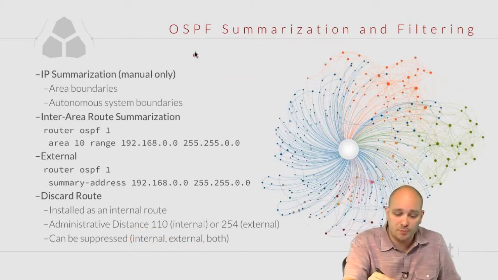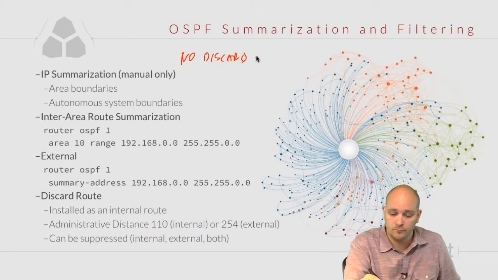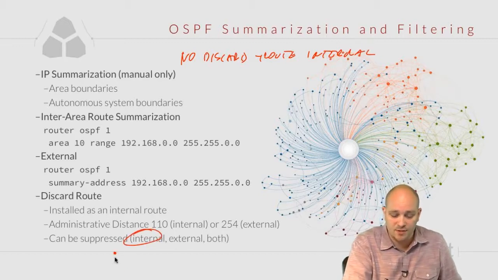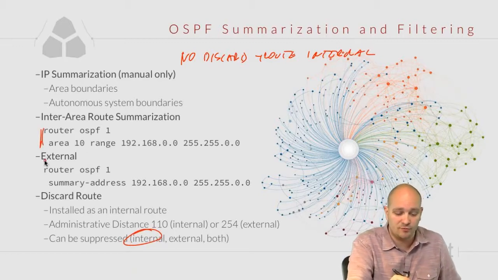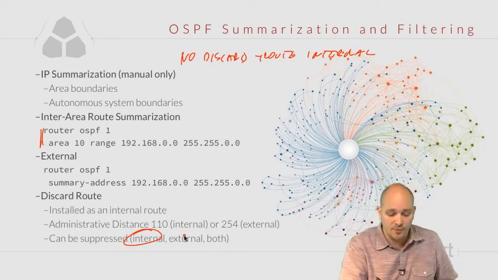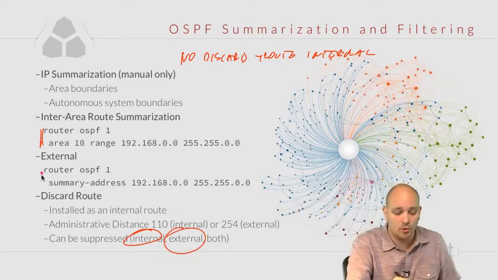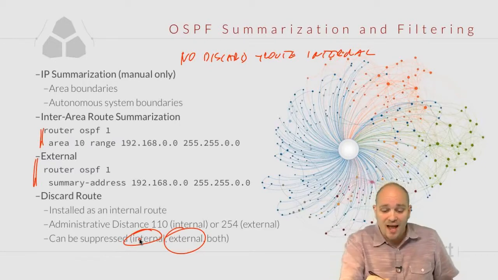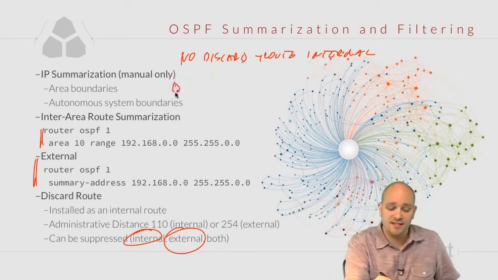But I can also specify, for example, no discard-route internal, and in that case I will suppress only the discard route that will be the result of this configuration. Similarly to that, with the external keyword, I can suppress the discard routes that would be generated when I perform an external route summarization.